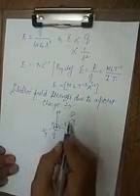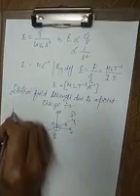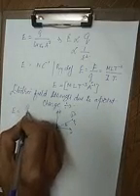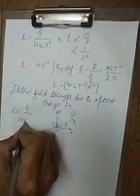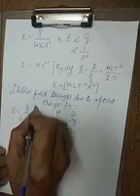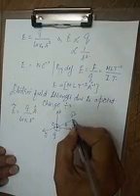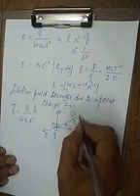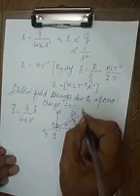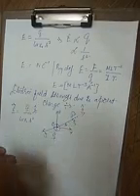So we know by the definition the value of electric field strength can be written as Q over 4 pi epsilon naught r square into a unit vector. This unit vector is radially outward, showing the direction of electric field intensity or strength.